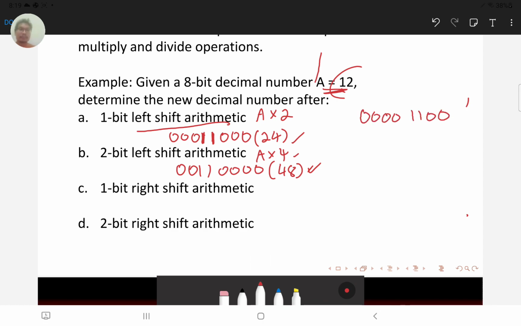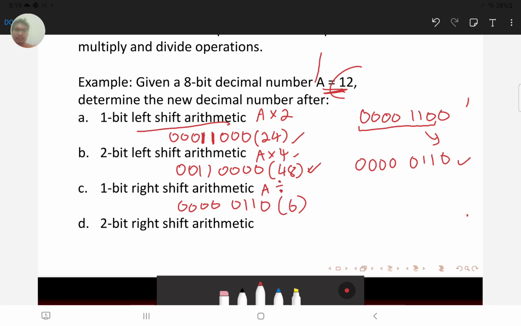We take a 1-bit right shift, so 0 0 0 0 0 1 1 0, and so this is the final answer, 0 1 1 0, and this is simply a 6. So here is A divided by 2. You can see 0 1 1 0 is essentially a 6, so a 1-bit right shift results in a divide by 2.